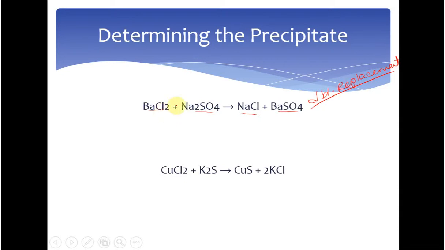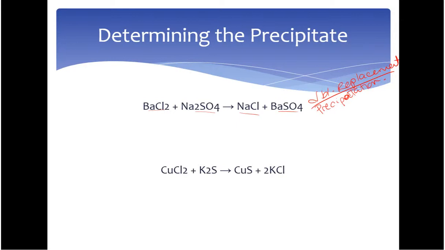We haven't gotten to redox yet, so let's just assume it's not redox. So it probably must be precipitate. So we're going to call this a double replacement reaction that is also a precipitation reaction. You know, never was good at spelling.